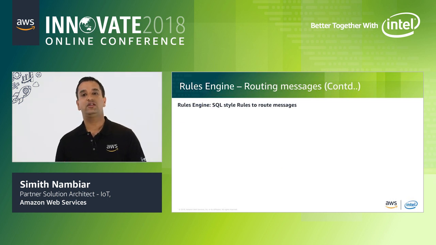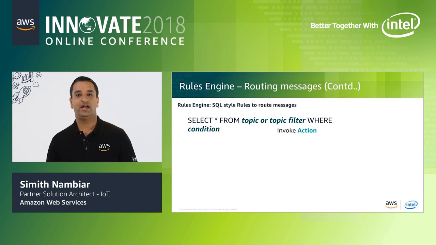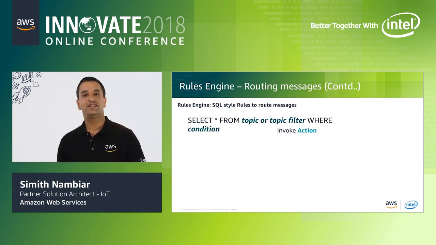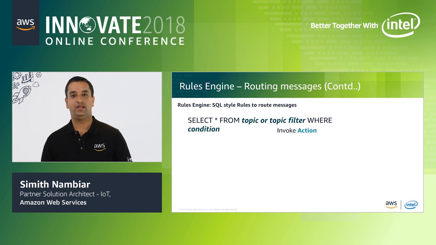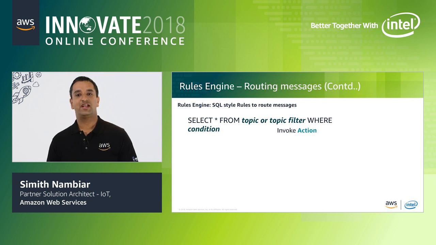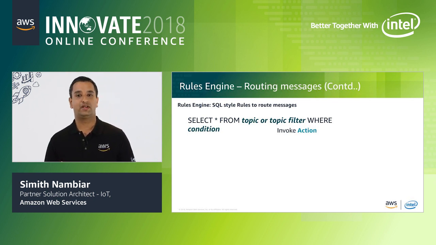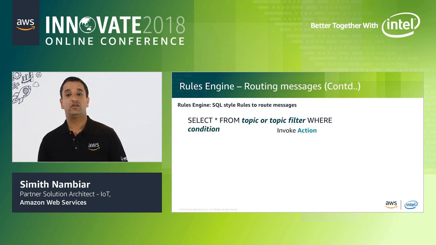An AWS IoT rule consists of an SQL select statement, a topic filter, and a rule action. Devices send information to AWS IoT by publishing messages to MQTT topics. The SQL select statement allows you to extract data from an incoming MQTT message. The topic filter of an AWS IoT rule specifies one or more MQTT topics.